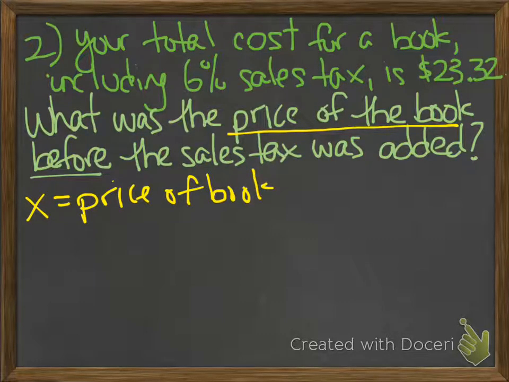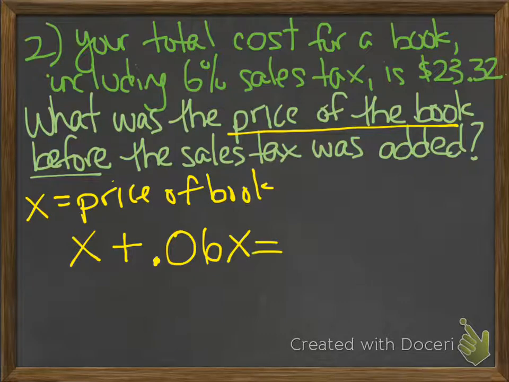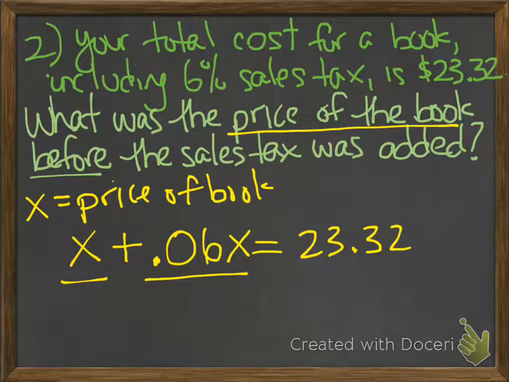So in order to buy the book, we have to pay for the book plus the tax. Well, how do we find the sales tax that we would have? Well, 6% is the same as 0.06, and we're taking 6% of the price of the book. So the price of the book plus the tax has to equal $23.32. And now we need to solve this equation.